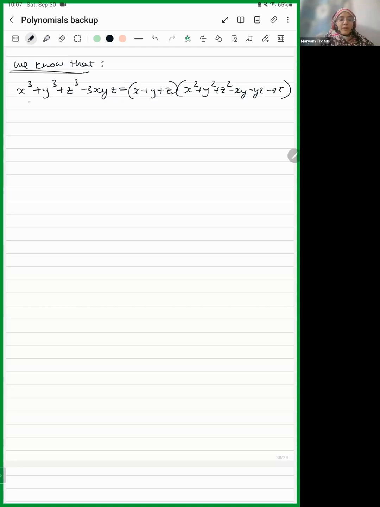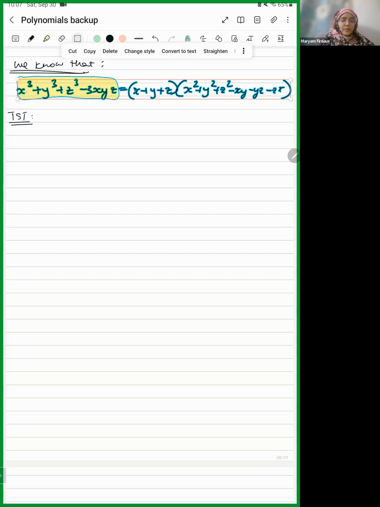First, let's write what we have to show. To show that x cube plus y cube plus z cube minus 3xyz is equal to half x plus y plus z. Just a minute. We have to show that, let me copy paste this entire thing.